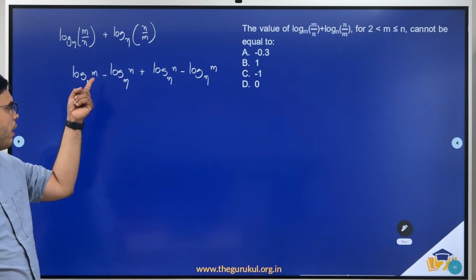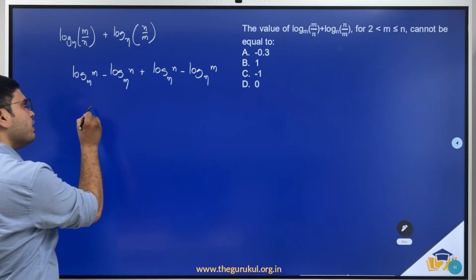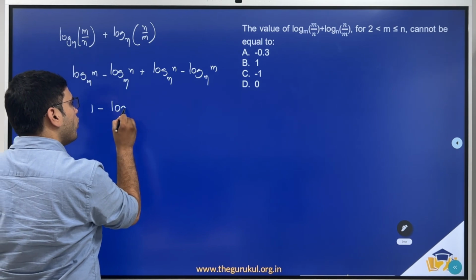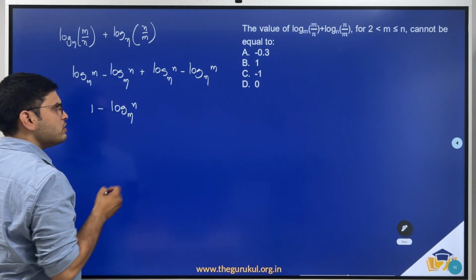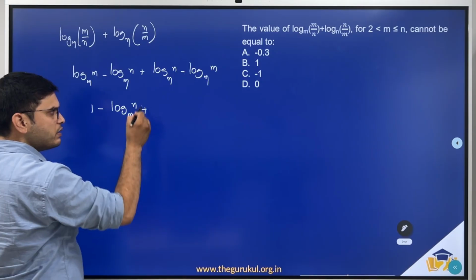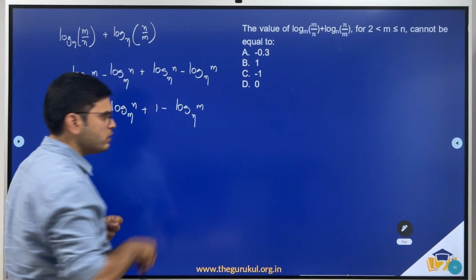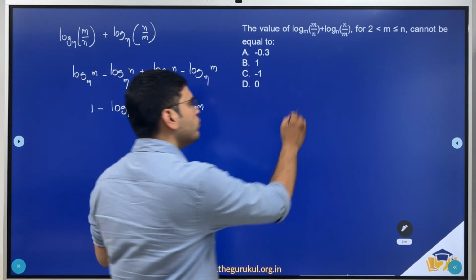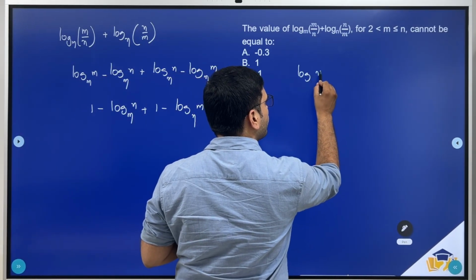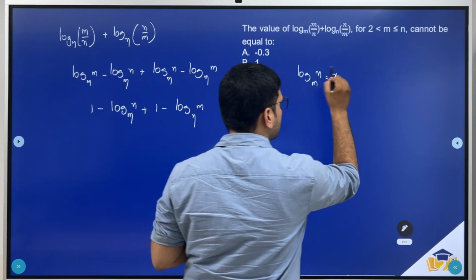Now we know that log m to the base m is 1, so this becomes 1 minus log n to the base m, plus, similarly, log n to the base n is 1, minus log m to the base n. Now let me assume log n to the base m to be some x.